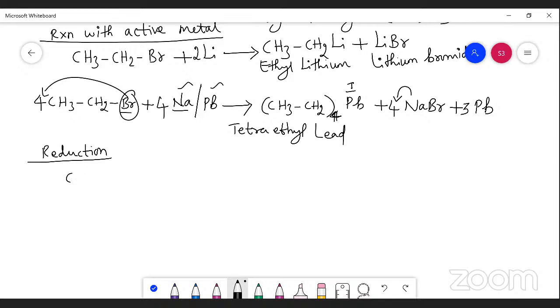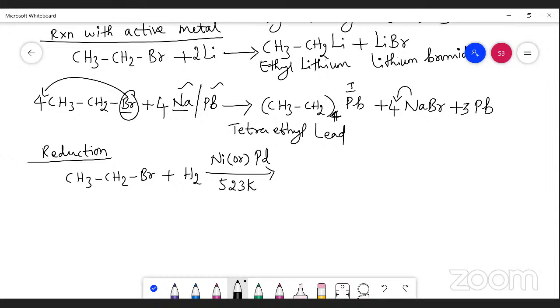One is CH3CH2Br, which undergoes reduction in the presence of nickel, or we can use palladium, at a temperature of 523 Kelvin.